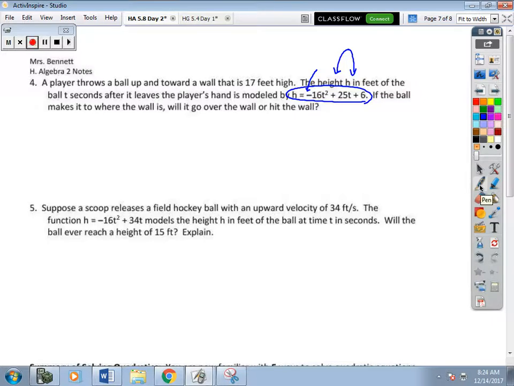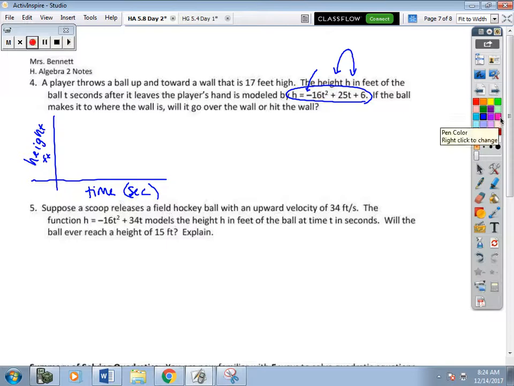Okay, so you want to think about this picture. So this is our height, and that's in feet. And this is our time, which is in seconds. And so we have this little parabola again.